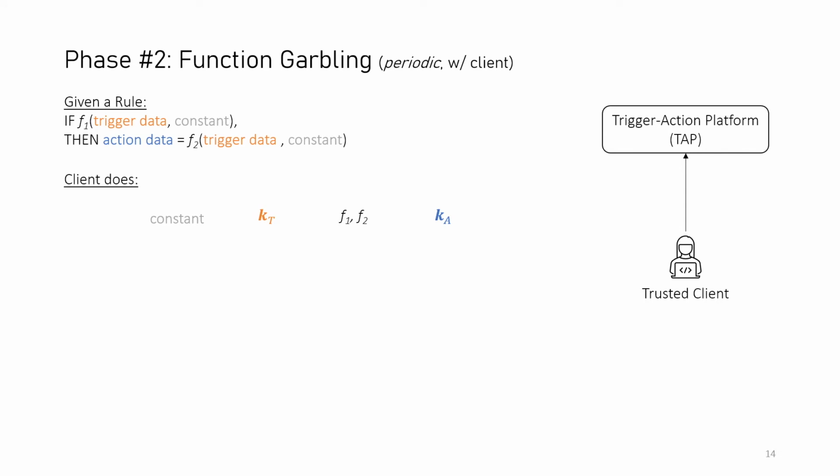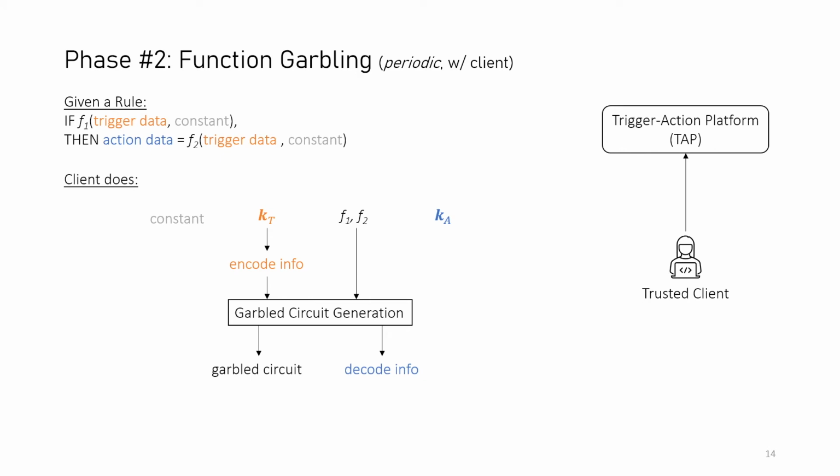Once the rule is set up, the client needs to periodically garble the function and stream them to the tab. First, we generate the encoding information with the trigger secret key and use it to seed the GoBot circuit generation procedure. This information is also used to encode the user-provided constant into GoBot constant.